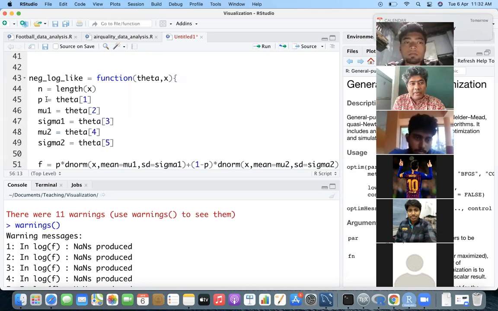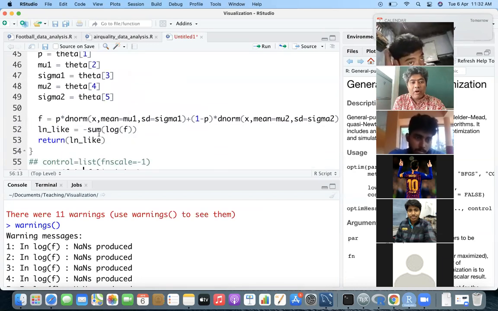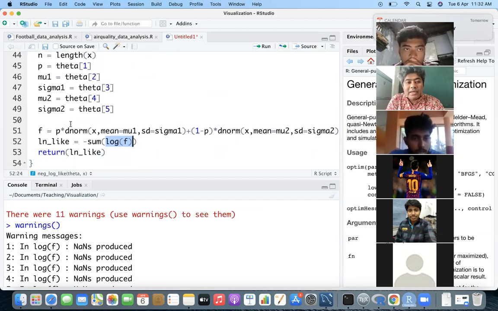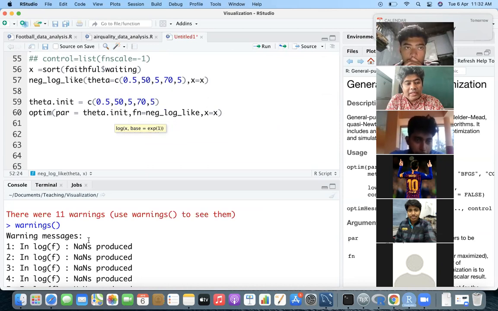At that time, f or log f has created some na, or maybe sigma 1 has taken some negative value. As a result, log f has taken some nas, and that is what it is saying. The log f has produced na.